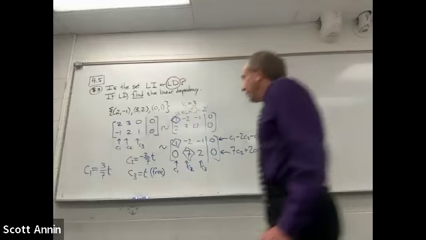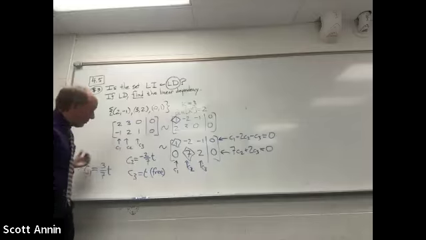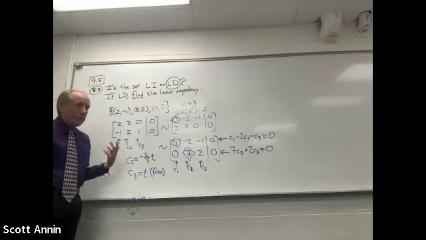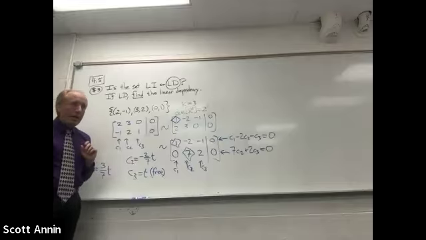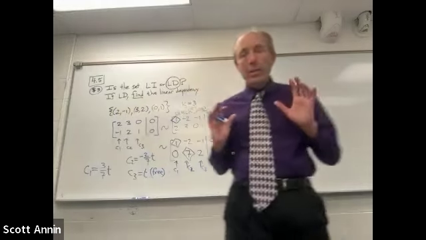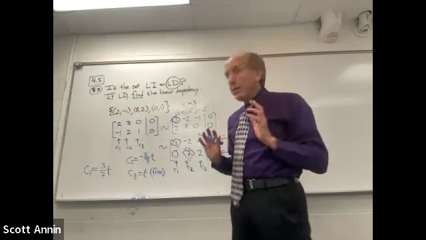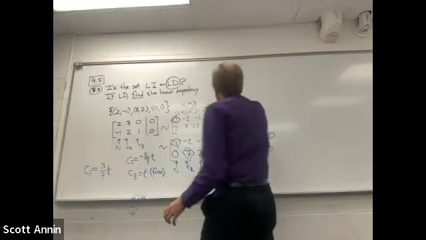Great. And if you remember, when you're trying to find a linear dependency, once you've set this up like this, the main thing you need to do now is choose a value for t. And if you recall from the lecture, there is only one value of t that you really need to avoid, and that is 0. We cannot let t be 0. But we can choose any other number.